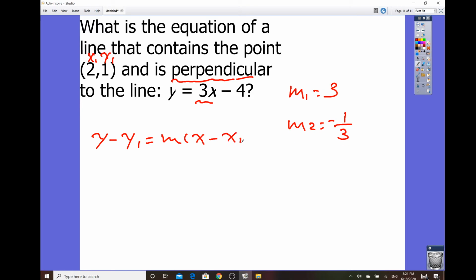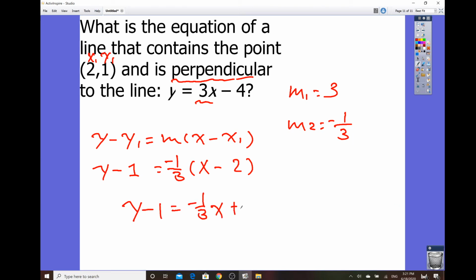By using the point-slope form, we can set up the equation of the new line, the perpendicular line. So the new slope is negative 1/3, times the quantity x minus x1, which is 2, and then y minus 1. So that's the point-slope form, but let's simplify it a little bit more. We have y minus 1 equals negative 1/3 x plus 2/3, just multiplied out.